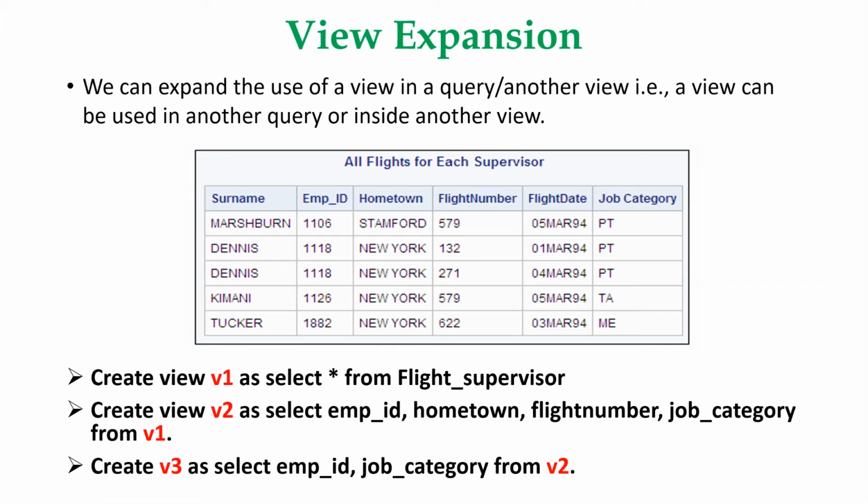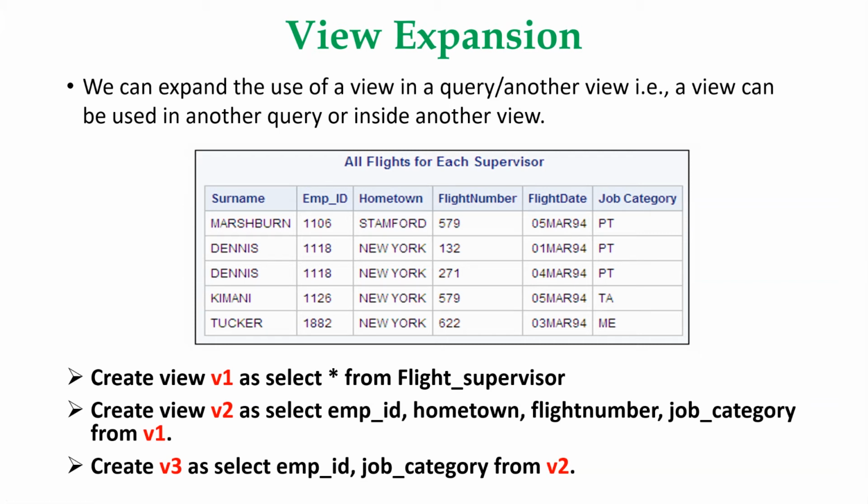Second, I am going to create a view called V2 as select employee ID, hometown, flight number, job category from V1. You should understand one thing: I am selecting these attributes from the view which I have created, that is from V1, but not from the supervisor table. So this is one expansion. V2 has been created from V1.